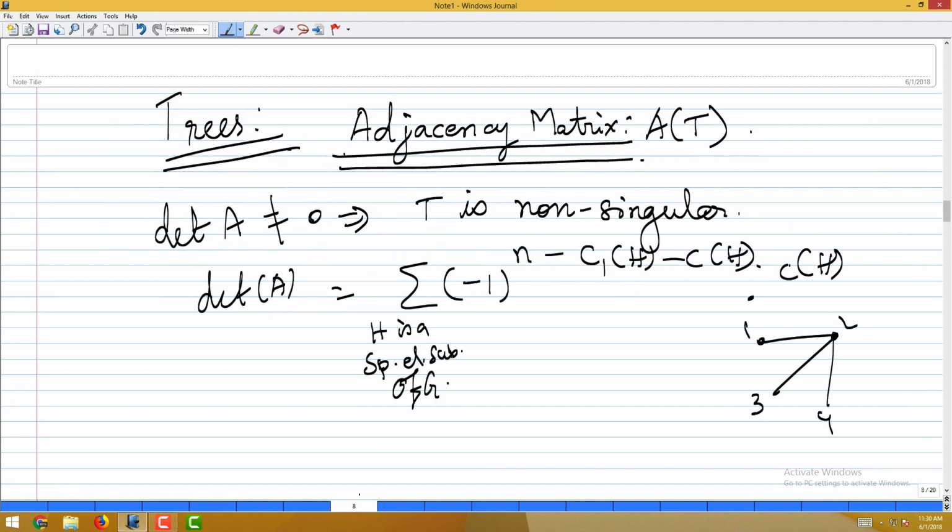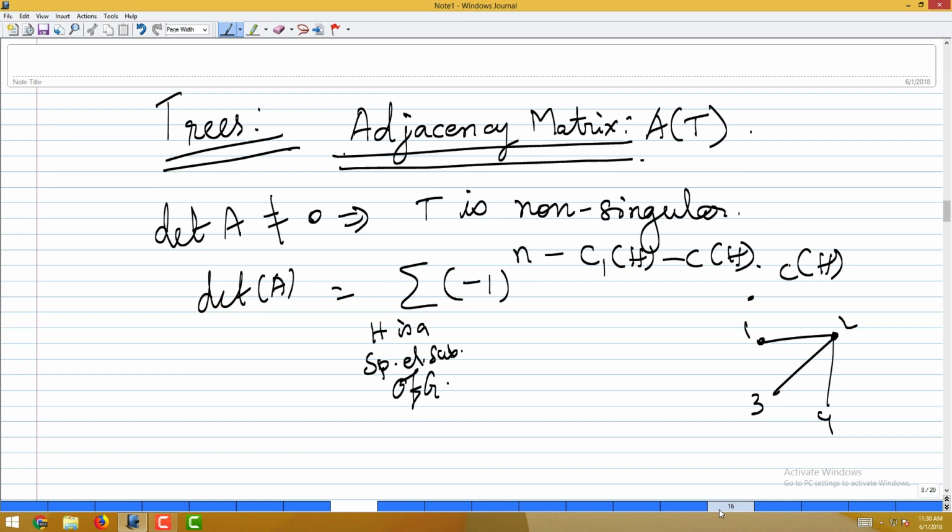Again we will go back to this only. How many such elementary spanning subgraphs are possible if I tell you that a tree has a perfect matching? Only one, right? There cannot be two perfect matchings.